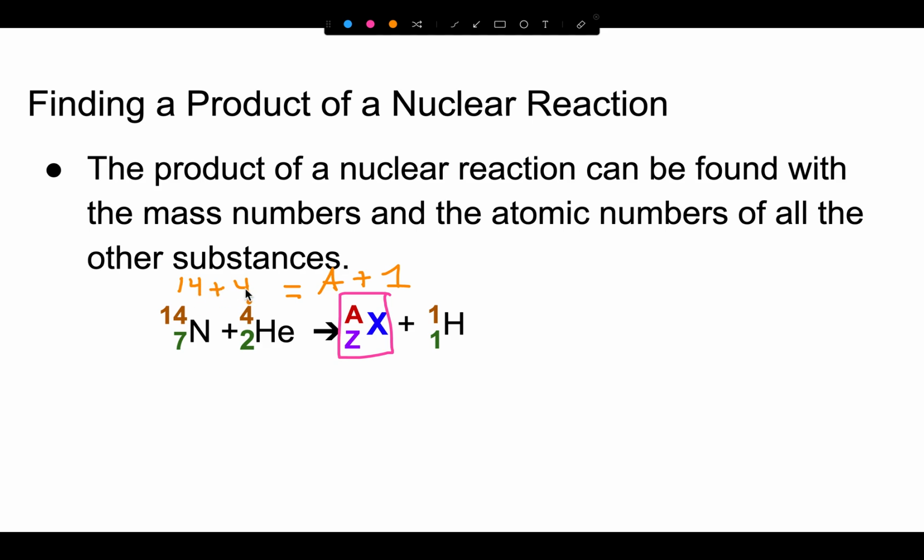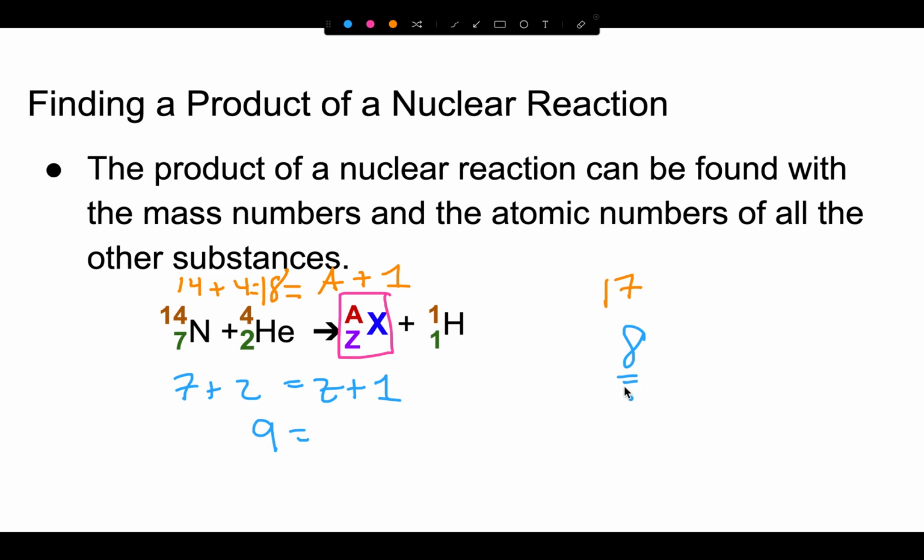So 14 plus 4 is equal to 18. And so 18 is equal to what plus 1? And so my answer is 17. And then repeat that at the bottom. 7 plus 2 is equal to z plus 1. And so that becomes 9 is equal to z plus 1. And that means z is 8.